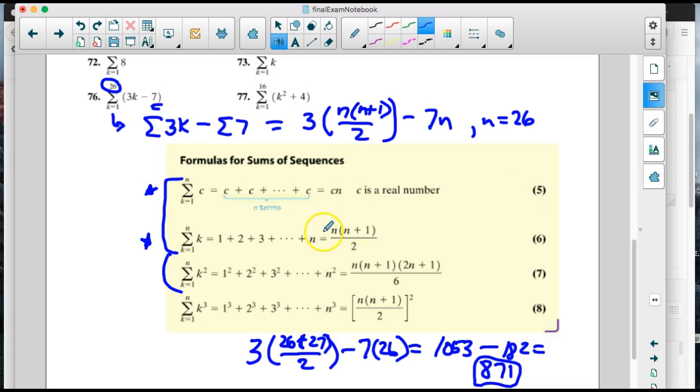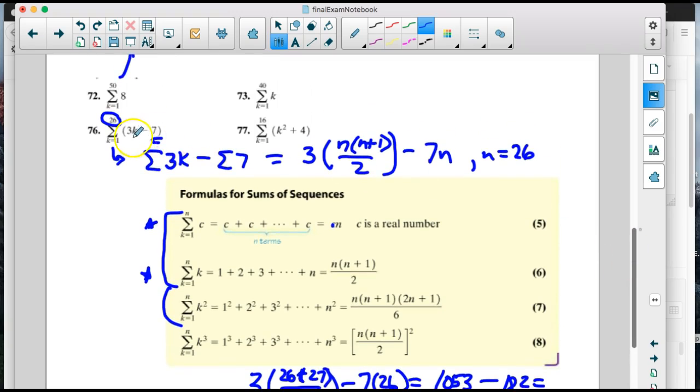So we're just using this formula and this formula. This formula gets multiplied by 3 because it's 3k. And this formula is a 7 for c, so it's 7 times 26, or 7n. All right, so I think that if you knew this problem right here, you should be okay on the test. If not, you're going to use this formula.